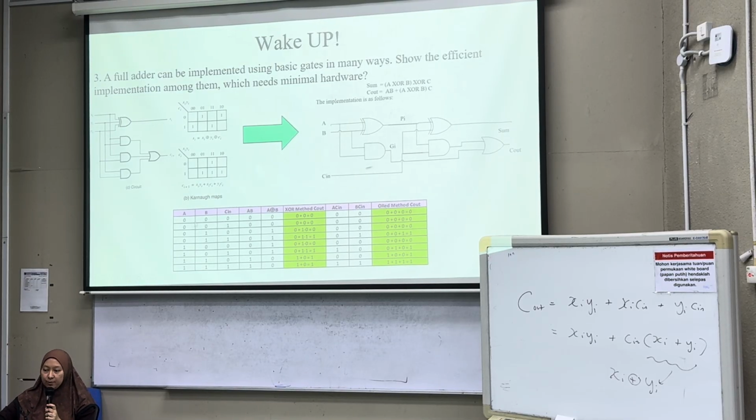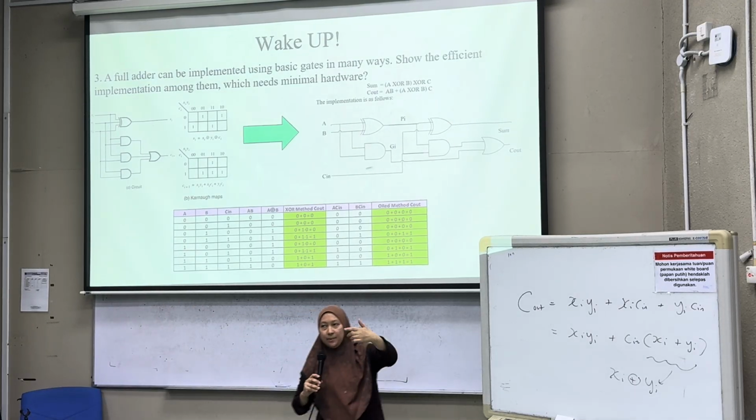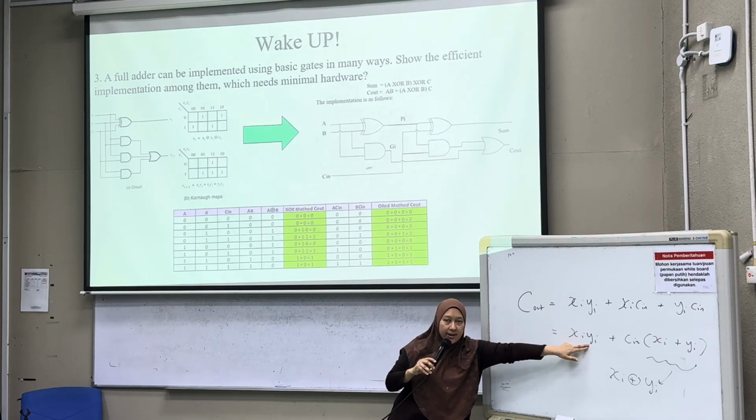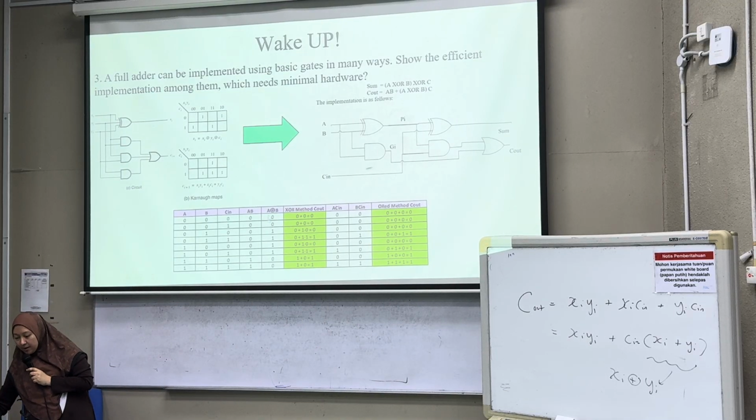So here, say we have three inputs, A, B, and C. C is the third input. Say I want to find the AB, which is the XY. Here in my slide, AB is this column.